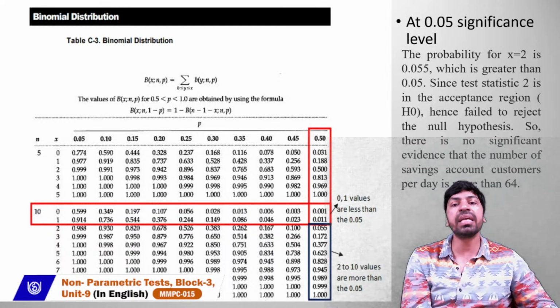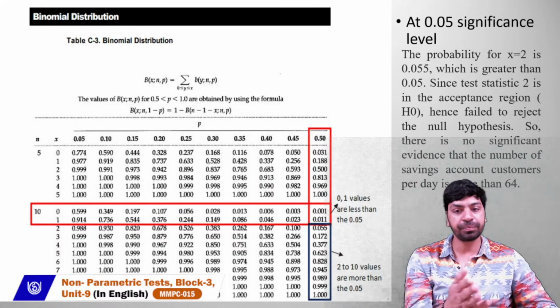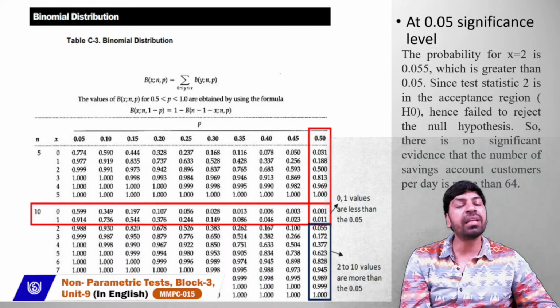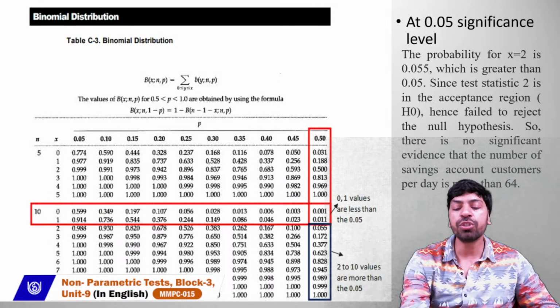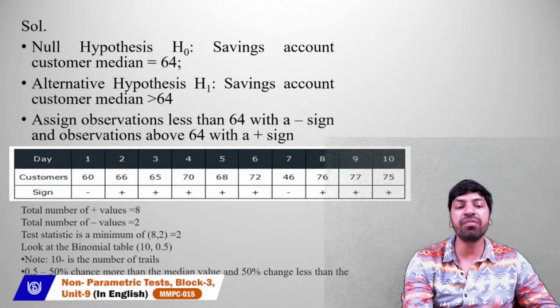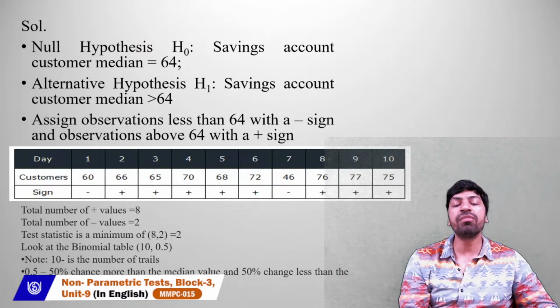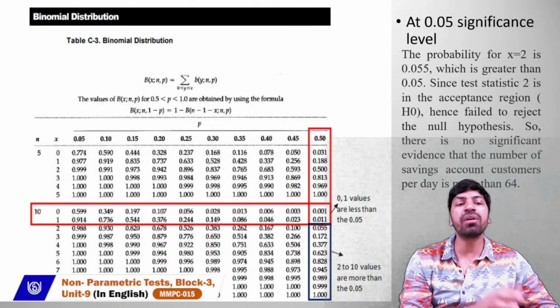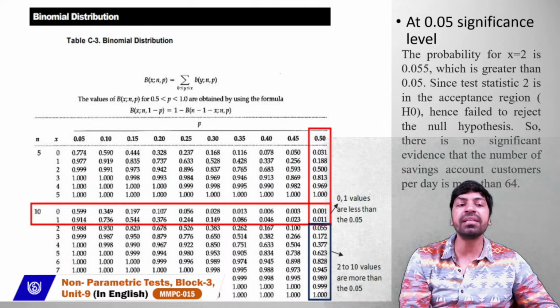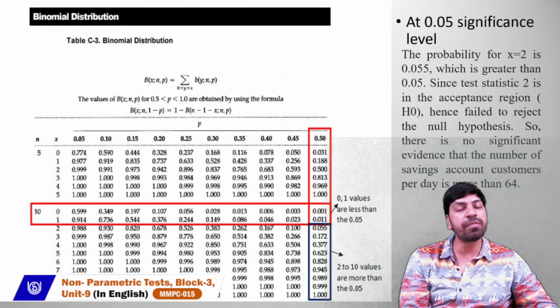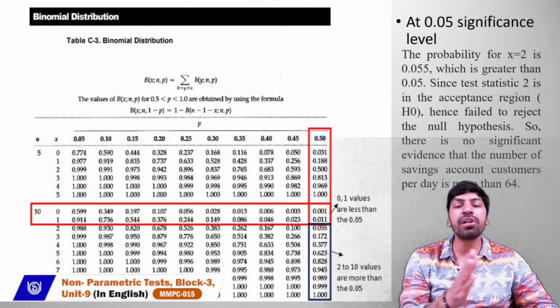So we look at the binomial table for n of 10, which is the number of trials or observations.